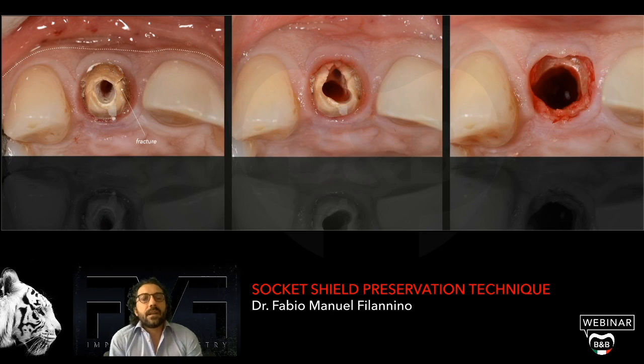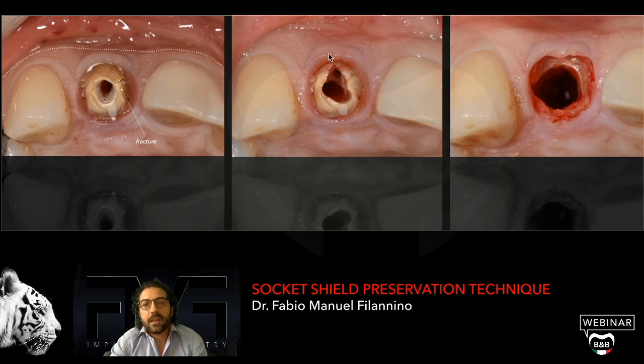So this is the beginning of the case where I saw the fracture and I removed the post and the crown, and this is the profile that we can see here. The profile is not convex, but not concave, but straight at the level of the lateral, and we see that the biotype is thin in this area.